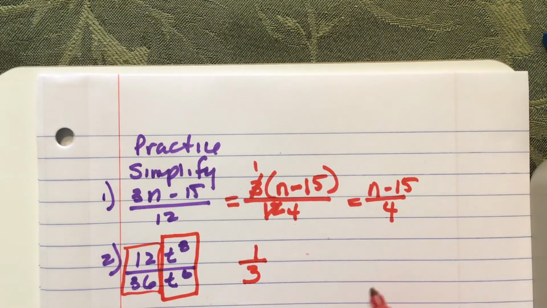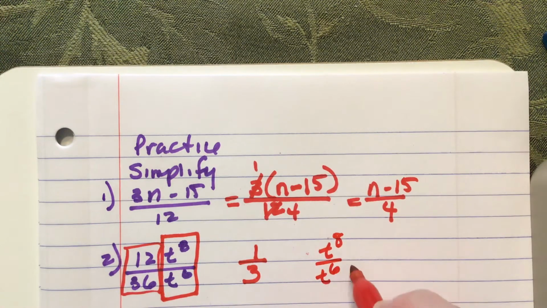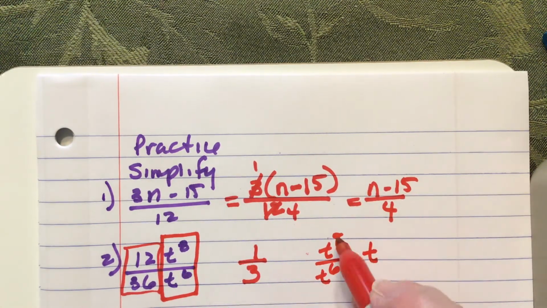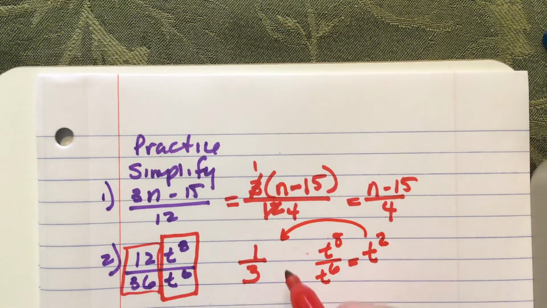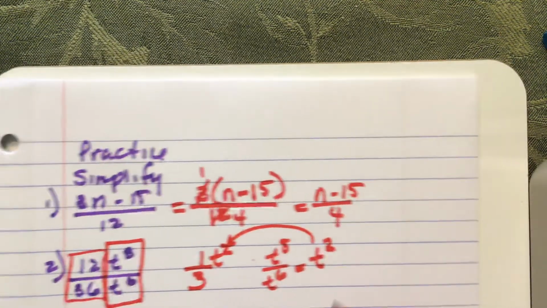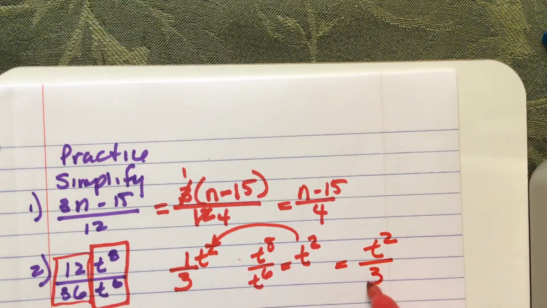And remember, when I'm dividing t to the 8th over t to the 6th, I keep my base and I subtract my exponents. 8 minus 6 would be 2. So then I'm going to put that into my expression. So it's 1 times t squared over 3. And I can just simplify that to say t squared over 3.